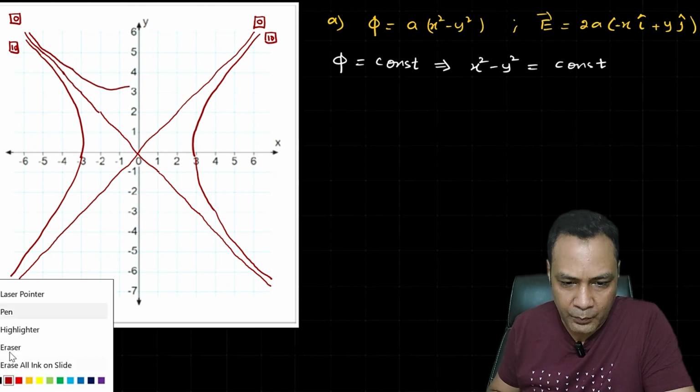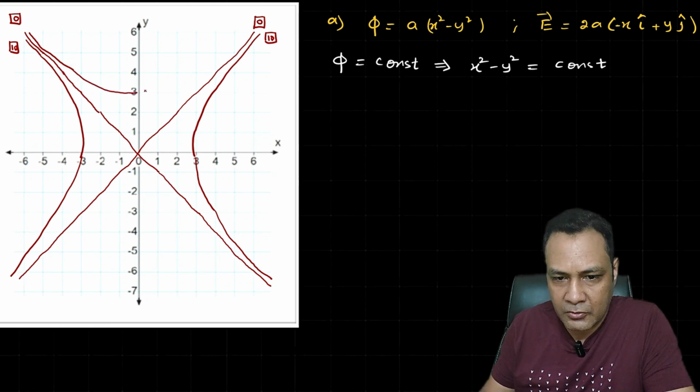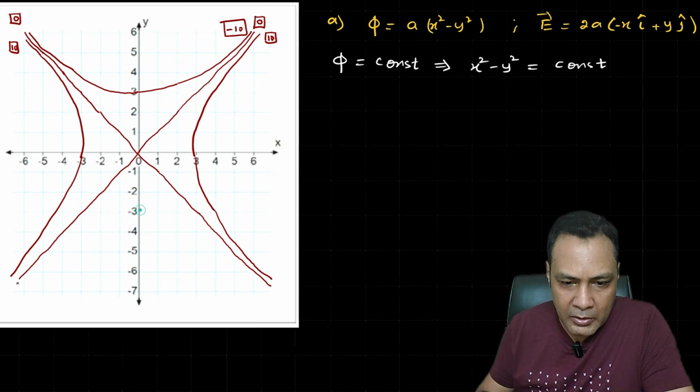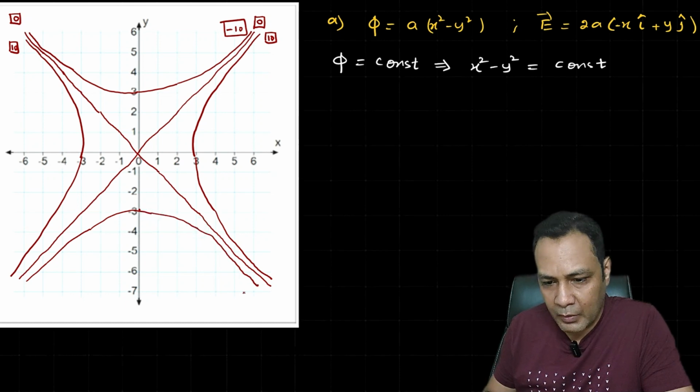The EPS of negative potential would be like this. Suppose this is an EPS of potential minus 10 volt. Another branch will go from like that. Minus 10.